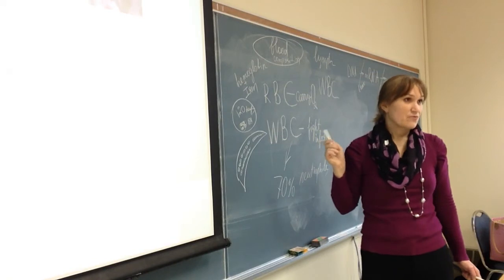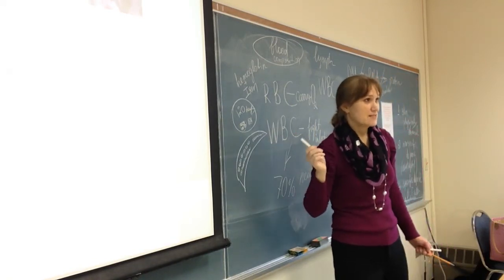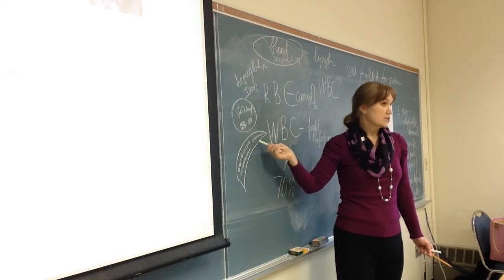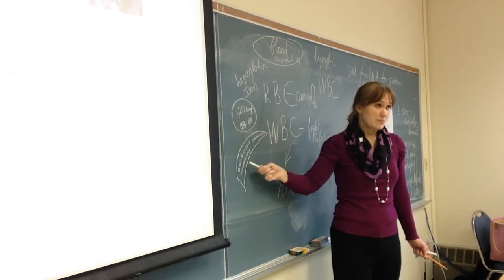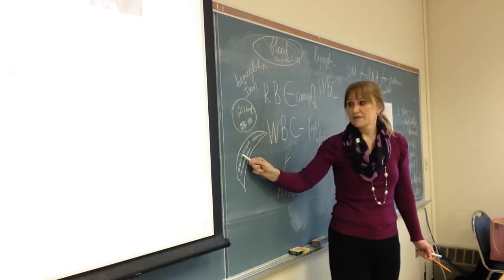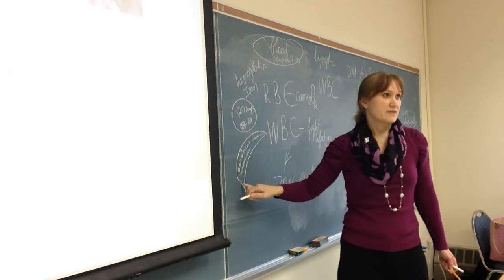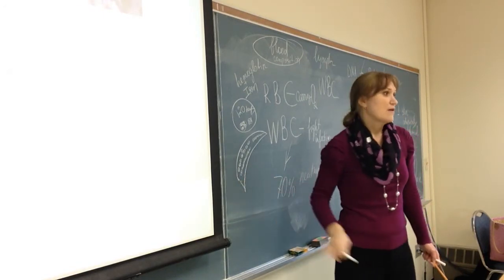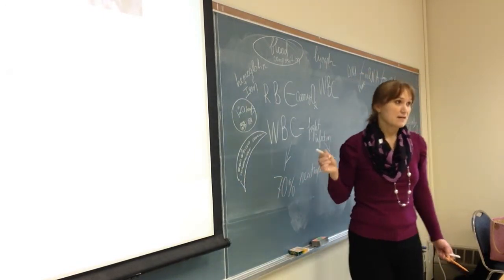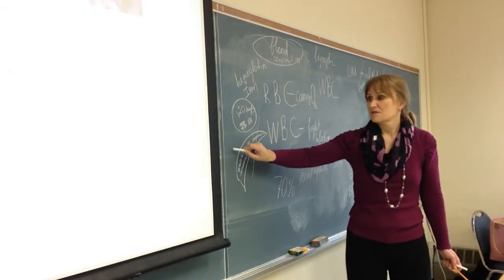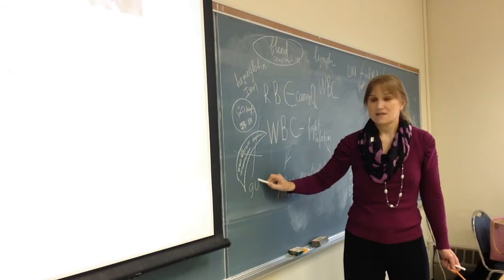Not that misfolded as in prions or something that causes infection, just misfolded. Does it catch oxygen? Yes, it does. It's able to have iron, and it can catch and transport oxygen. But the problem is that this shape gets stuck in blood capillaries, and the cells will get damaged, and they live only 90 days.